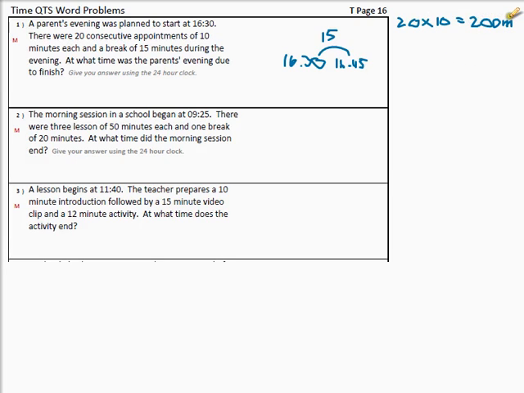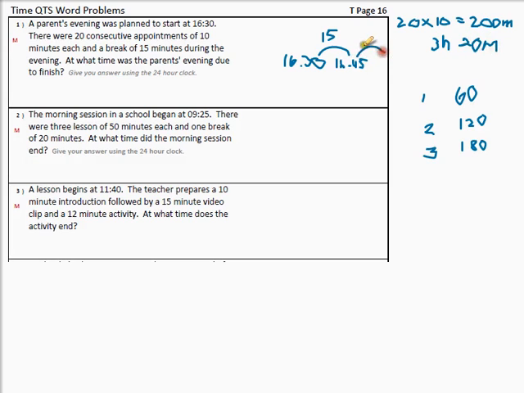Now how long is 200 minutes? Let's think. 60 minutes is 1 hour. 120 minutes is 2 hours. 180 minutes is 3 hours. So that will be 3 hours. And 200 take away 180 is 20, so 3 hours and 20 minutes.